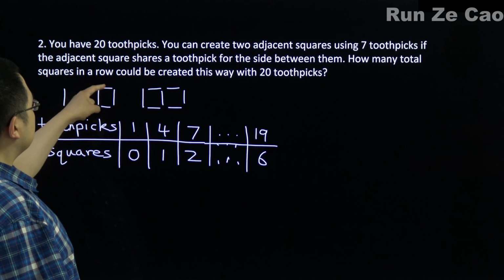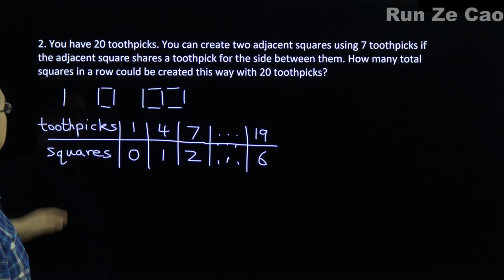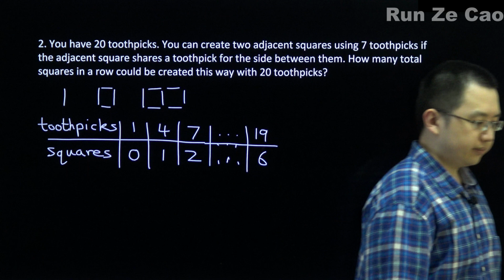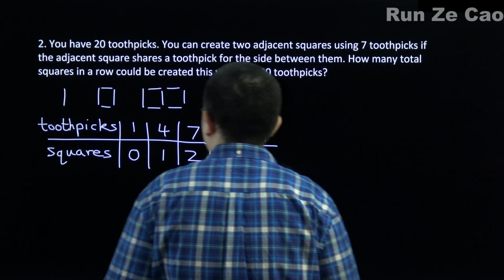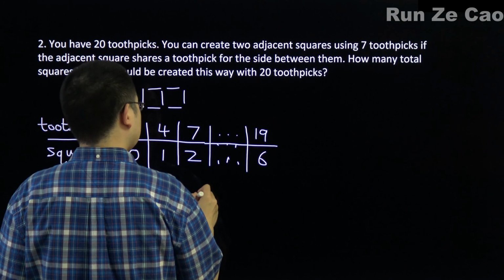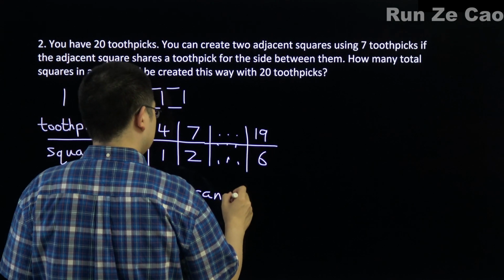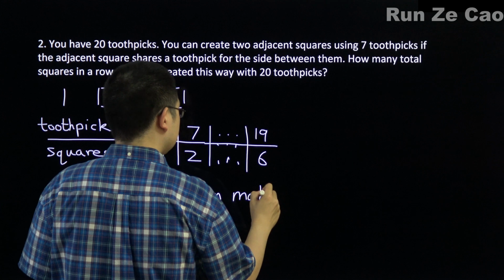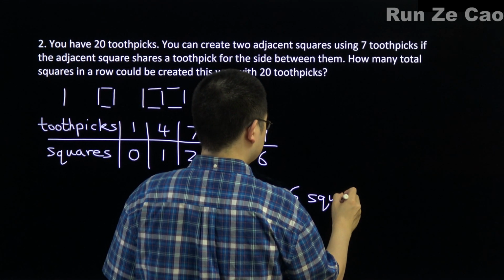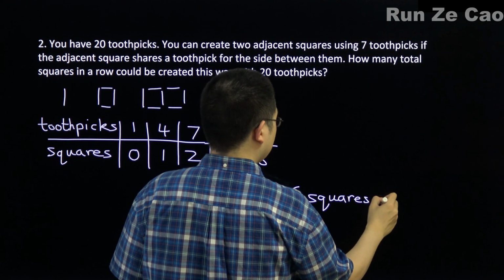Each square gives you an extra 3 toothpicks used over your first initial toothpick. So you would say you can make 6 squares in a row.